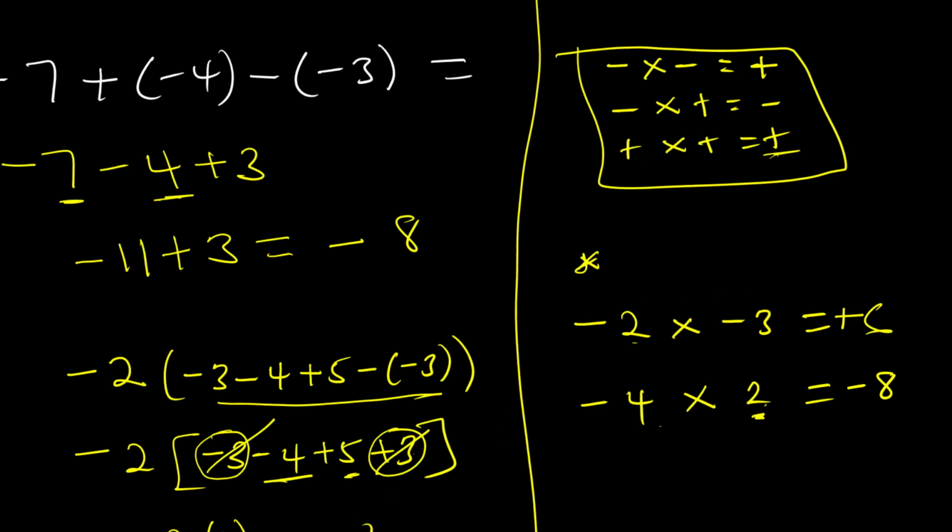Let's look at some examples of what we just did. Minus 4 times minus 3, minus, plus 2. We have -4 here and -3 here, and this one is in a bracket.